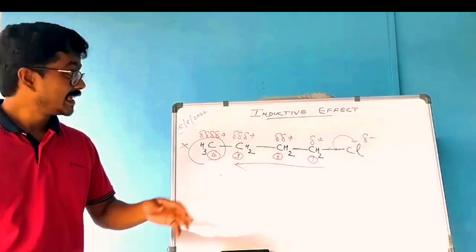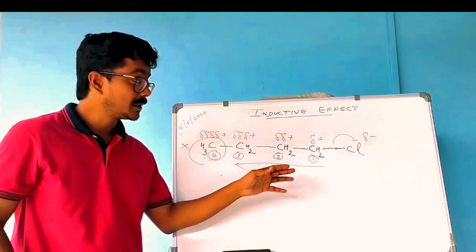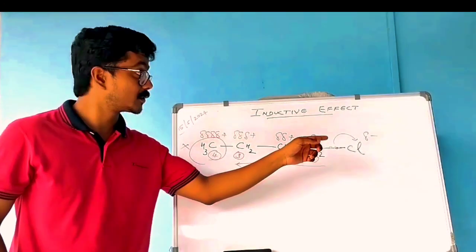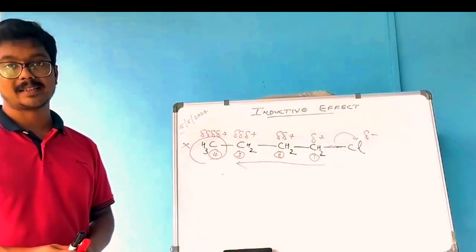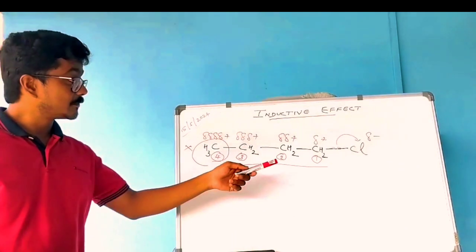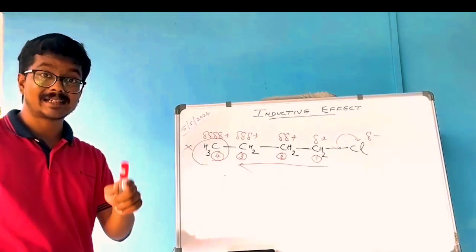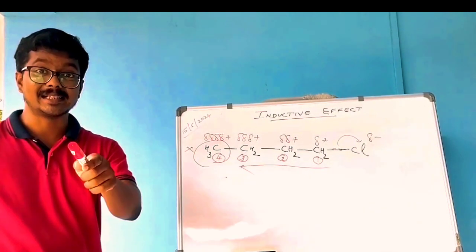Let me repeat: it is a permanent effect due to the movement or shifting of shared pair of electrons towards the electronegative atom, and this effect extends throughout the chain but decreases with distance.